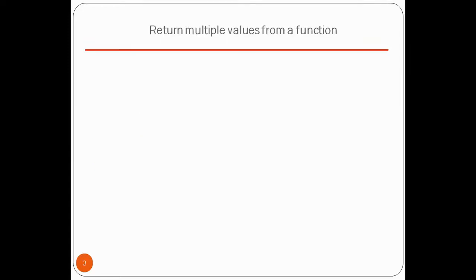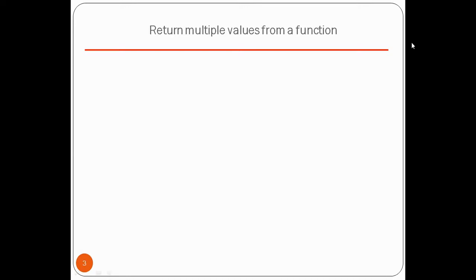So coming towards the main topic, that is return multiple values from a function. In previous lectures, we have seen that the function returns just a single value. Either it returns nothing, or it returns a single value from a function.